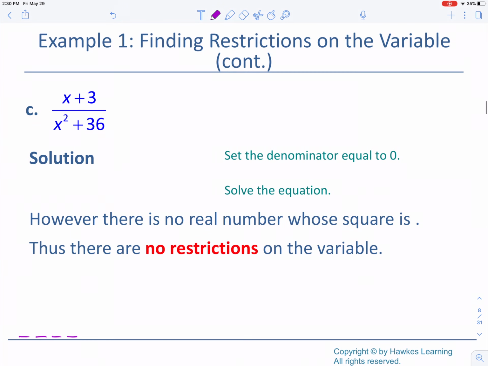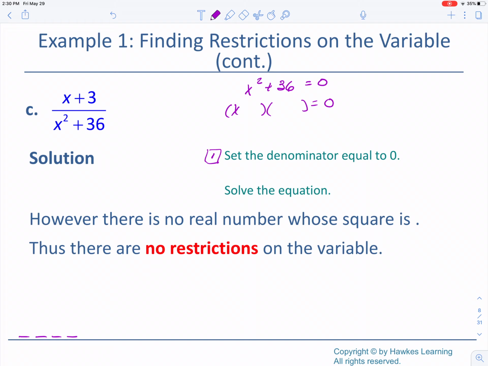And here's an example of one where there are no restrictions. So number 1, I'm going to set the denominator equal to 0. And when I try to factor this, it will not factor, because that is the sum of two squares.